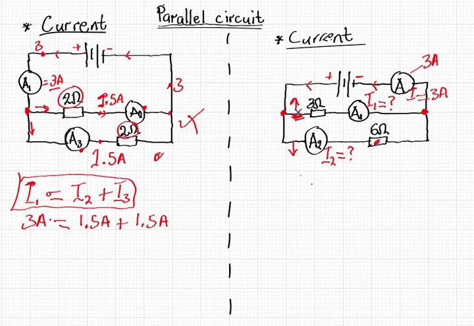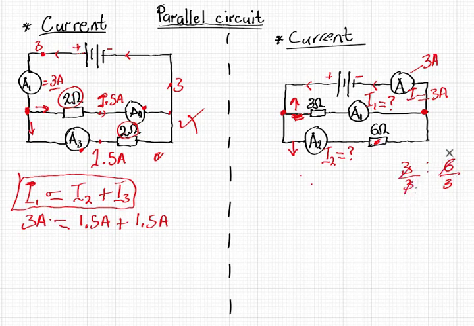So having established that, the following thing will help us to find the correct values of current between the two branches: we are going to use the ratio of resistors. So the resistance is in this ratio 3:6. We can divide both sides by 3, right? What do we get?